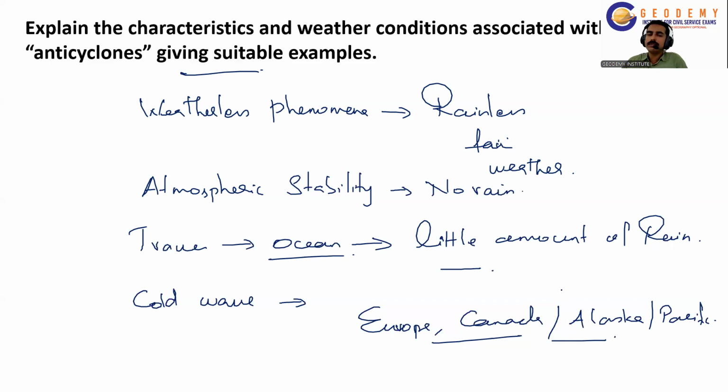If one originates in the winter season, the temperature will be very low. If it originates during the summer season, the temperature will be a little high. And many times we hear in the news about cold waves in the northern high latitudes. So these are examples for anticyclones.